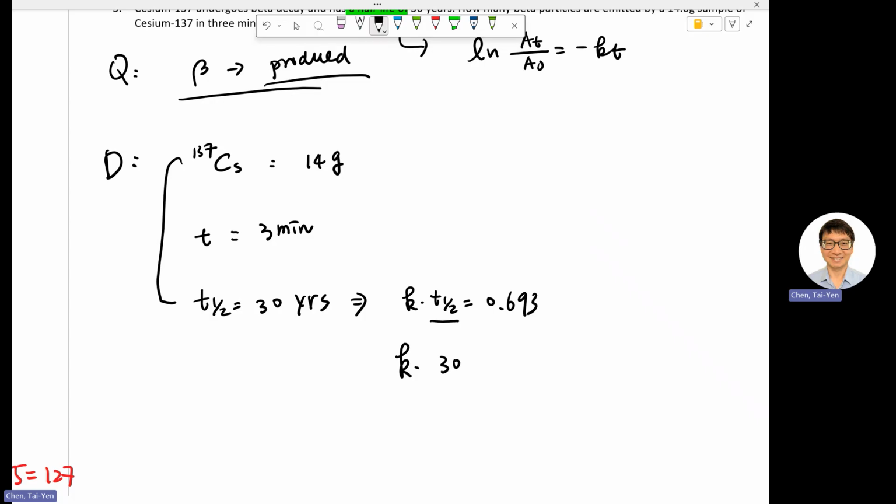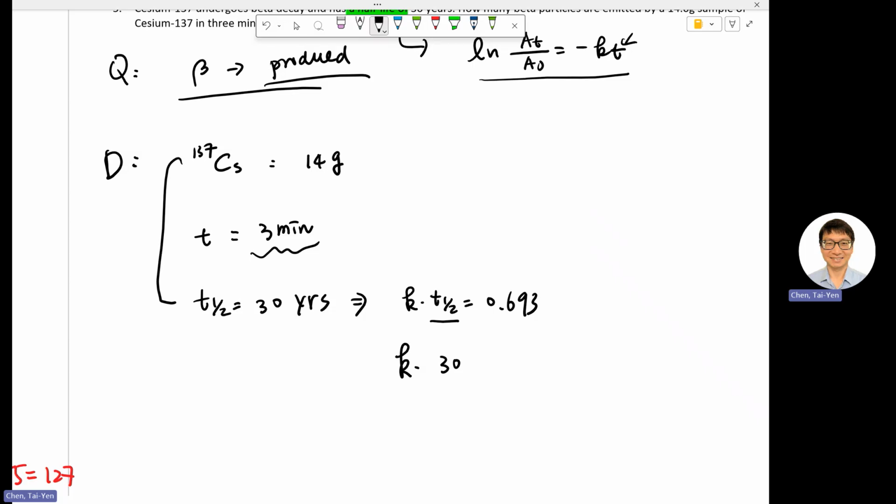But I want to be careful, because later when you use this equation, the t you're going to use is 3 minutes. Therefore, the k has to be in the same unit.